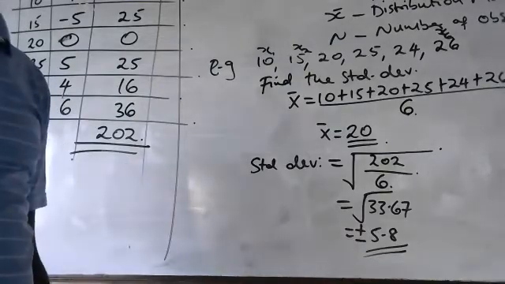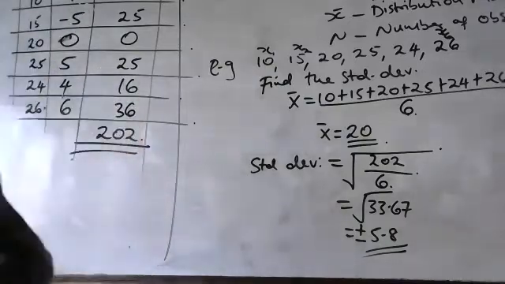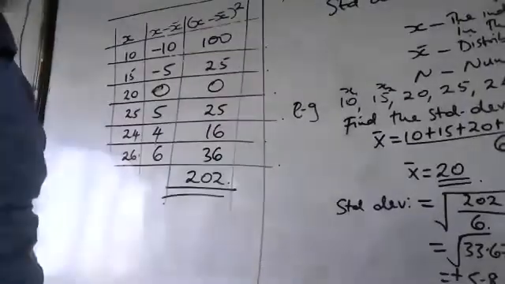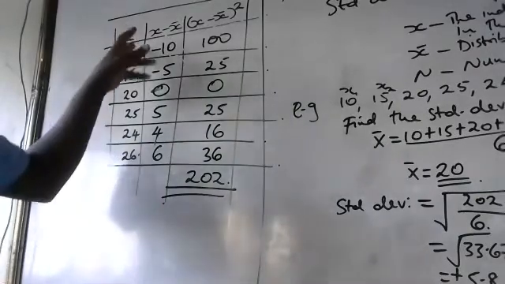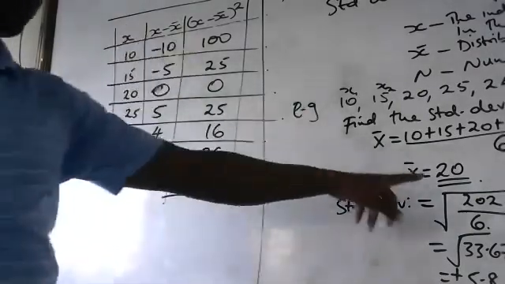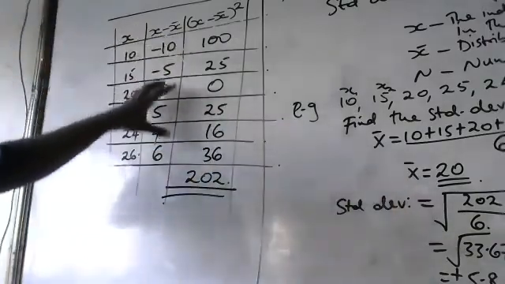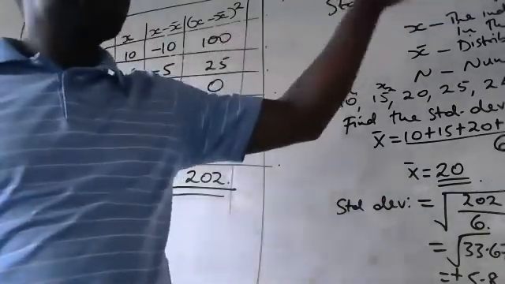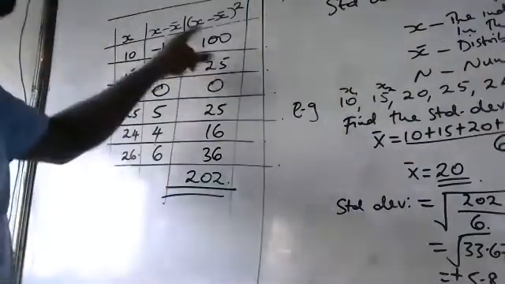The standard deviation from ungrouped data. The sequence is clear. Get X bar first. After getting your X bar, come up with a table like this. You list down all the X values that you are given. From each value of X, you subtract the X bar that you have calculated to get X minus X bar. Because the formula is talking about X minus X bar squared, you square it.